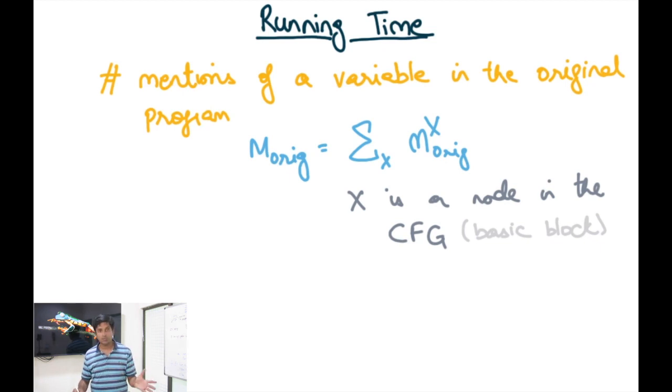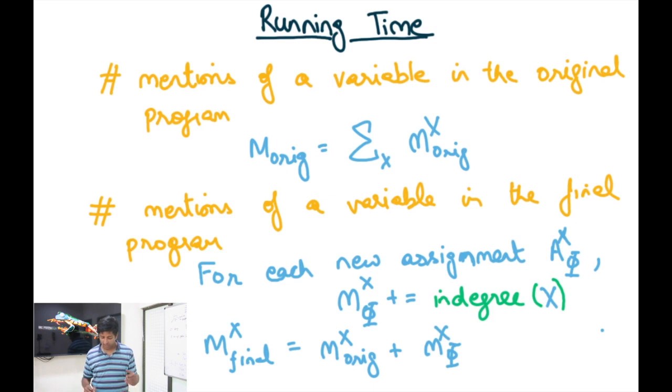When we convert the program to SSA by introducing, let's say, trivial phi nodes, then the number of mentions of a variable in the final program increases for each new assignment, a phi x, that I add. The only new assignments that I add to the program are all the phi functions. For each such assignment, the number of mentions in the final program is increased by the in-degree of x.